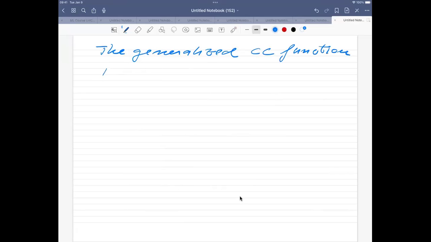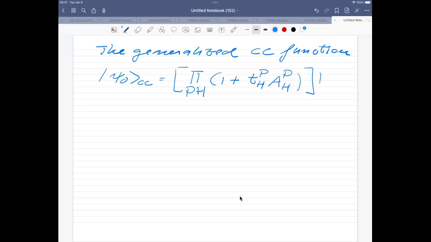So we would have a Psi_0 of CC, coupled cluster, which is going to be given by the product of all these particle-hole excitations. I'm going to have 1 plus these unknown amplitudes, which need to be defined, multiplied with this operator, which now contains different sets of particle-hole excitations. And this is acting on the reference state.